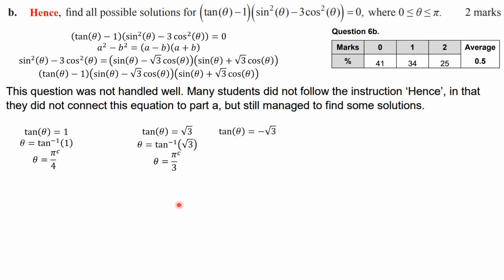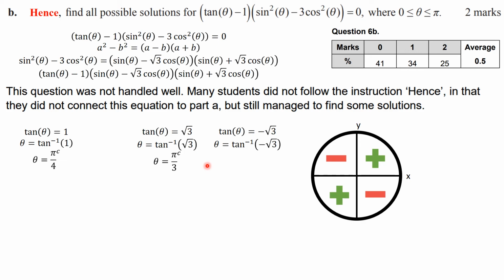And what was our last thing that we found? Tan theta equals negative root 3. So if we do tan inverse of negative root 3, what's that going to equal? Well, I have a negative, and I know I have an exact value here, pi over 3. Can I use the unit circle? Of course we can. So I know that tan theta is going to equal a negative number.